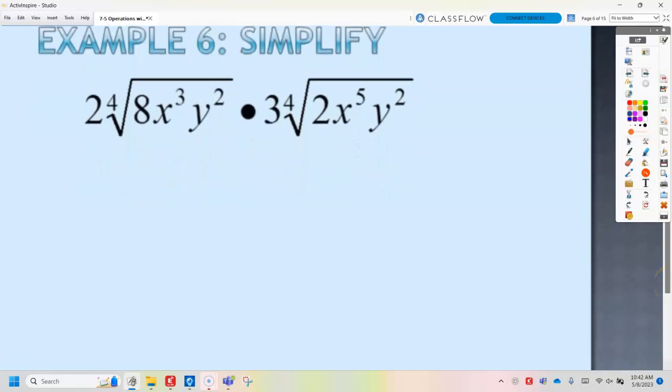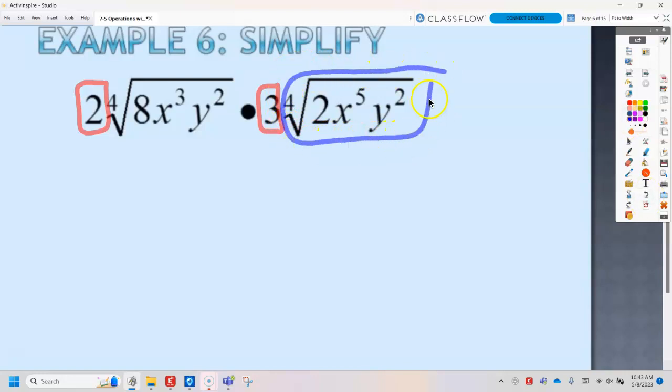We can do the same thing with a 4th root. So again, numbers out in front multiply. And then you want to multiply the numbers inside as well. 3 times 2 is 6.